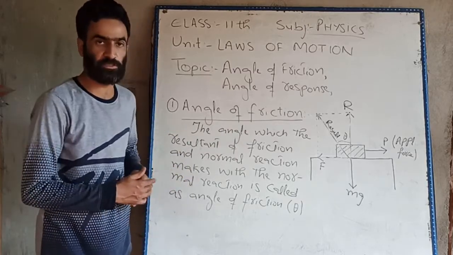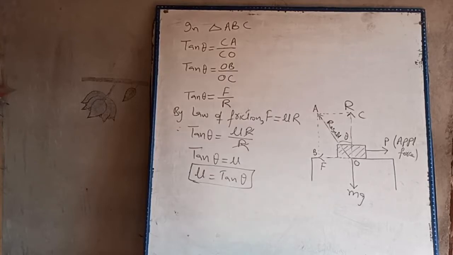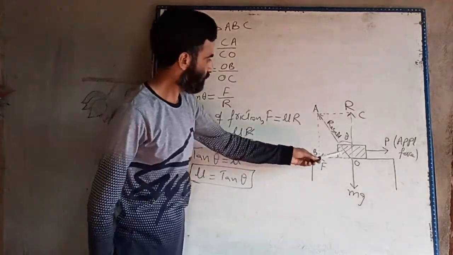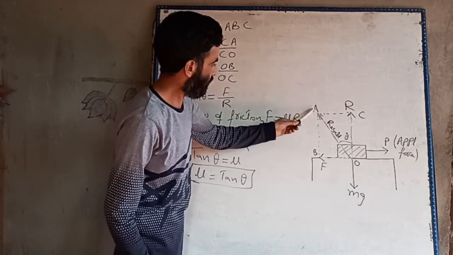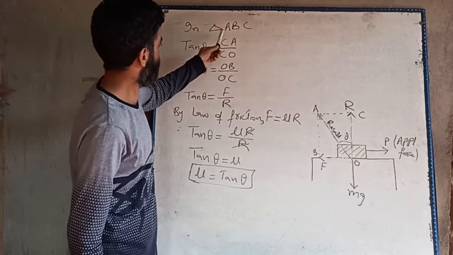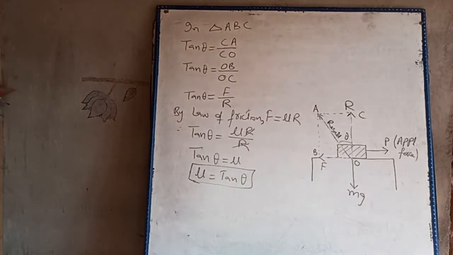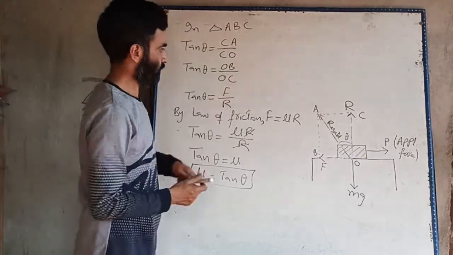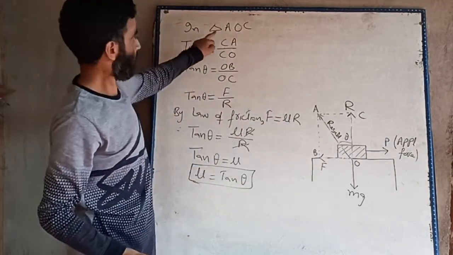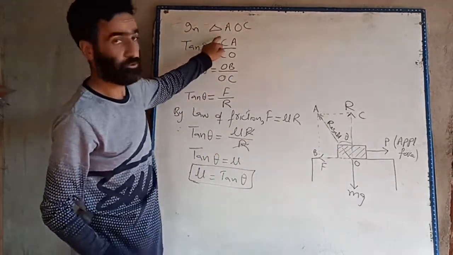Let us move to its mathematical concept. Let us take the triangle AOC. In triangle AOC, tan theta is equal to perpendicular by base.